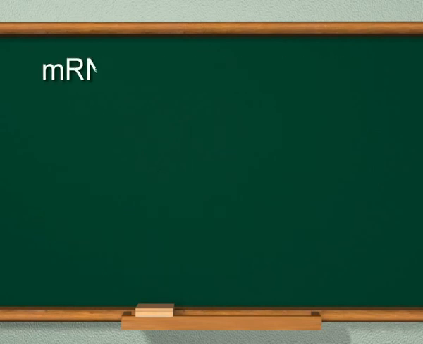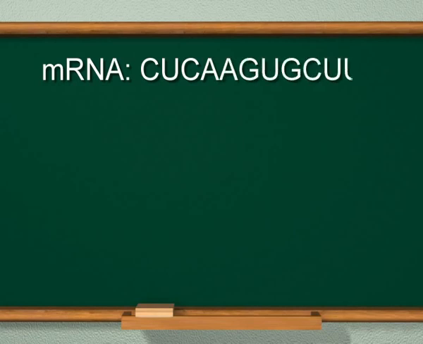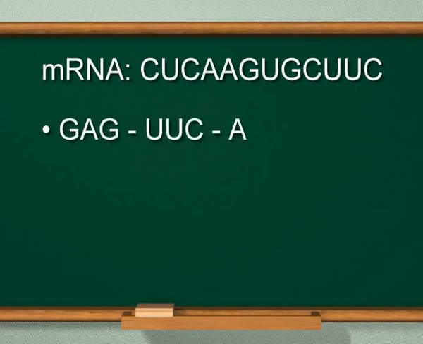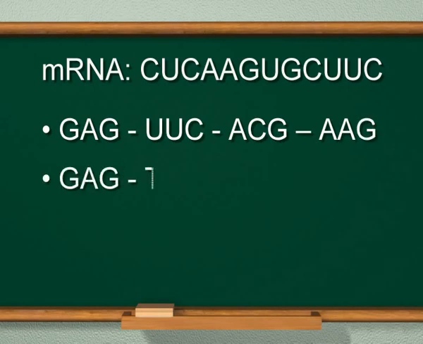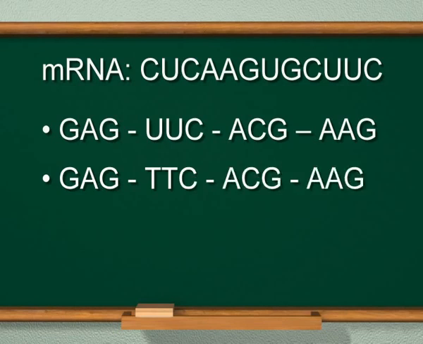Next question. For the same mRNA sequence CUC, AAG, UGC, UUC, name the anticodons present on tRNA. The options are GAG, UUC, ACG, AAG. Next option, GAG, UUC, ACG, AAG.